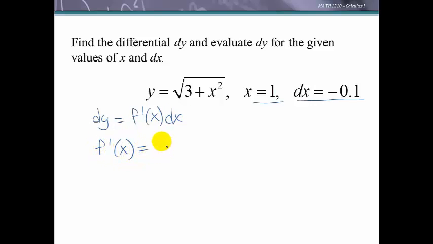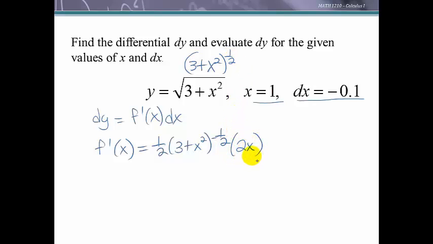That's going to be 1/2 times 3 plus x squared to the negative 1/2. Essentially I just did a power rule here. I took the square root as a rational exponent, put the power out in front, decreased the power by 1, and then I need to do the chain rule, multiplied by the derivative of what's inside.